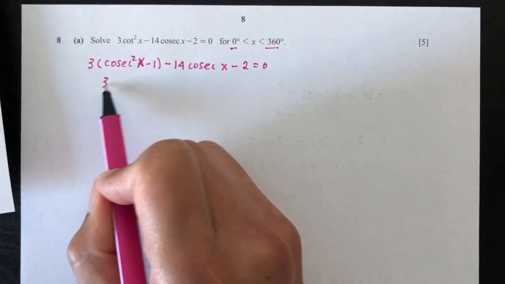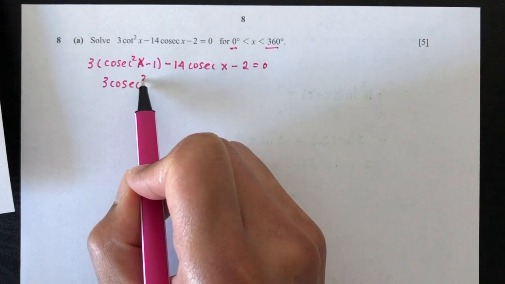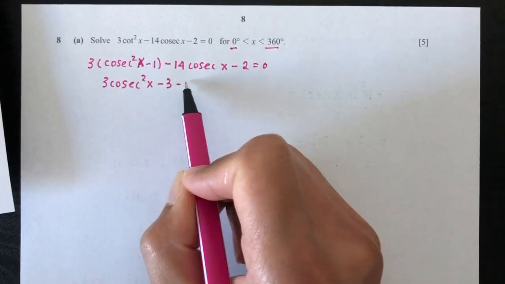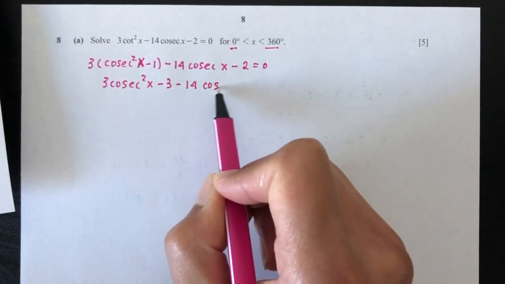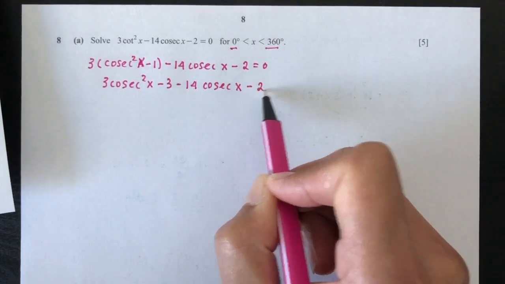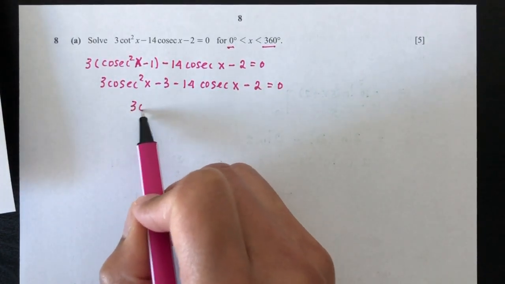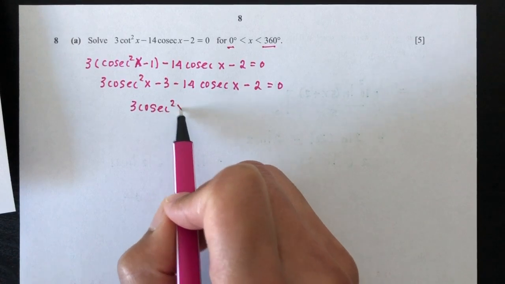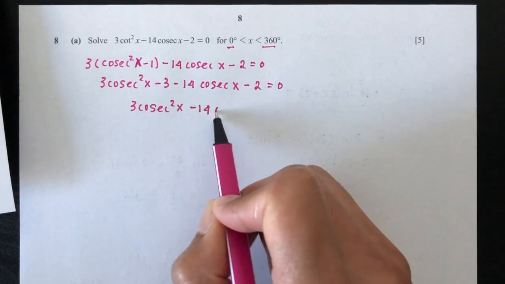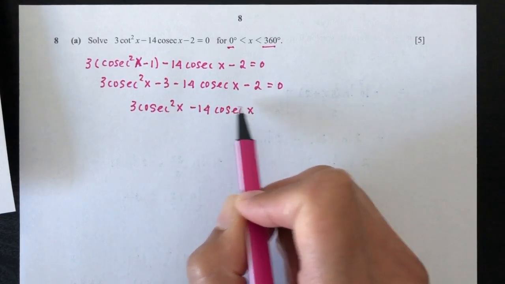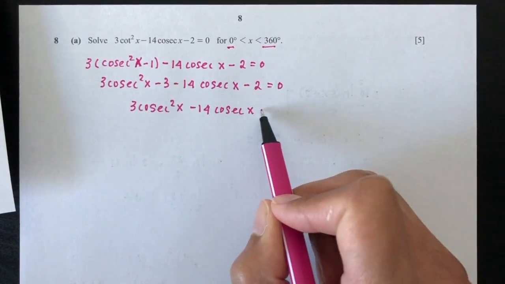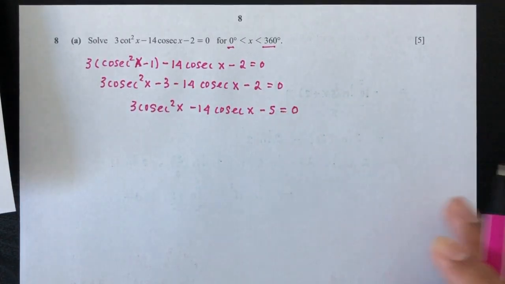You will have 3 cosec square x minus 3 minus 14 cosec x minus 2 equal to 0. Now we can simplify. You will have 3 cosec square x minus 14 cosec x, and minus 3 minus 2, which is minus 5, equal to 0.